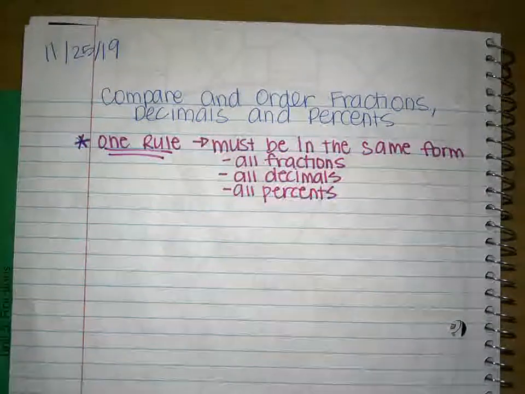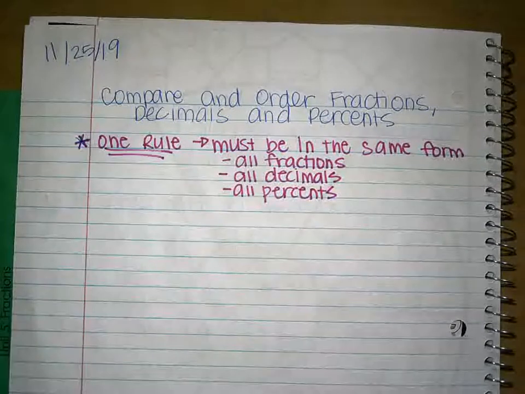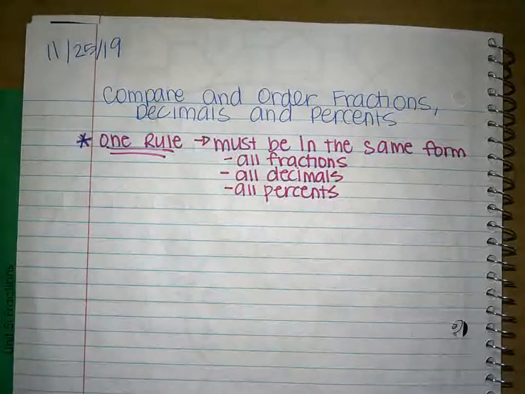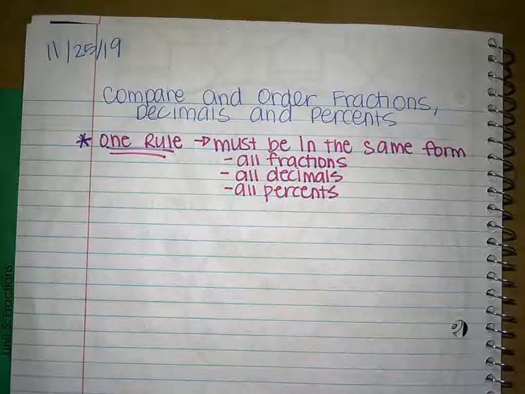They have to all be in that same form. If they are not all in that same form, it is extremely difficult to actually be able to compare and order properly.